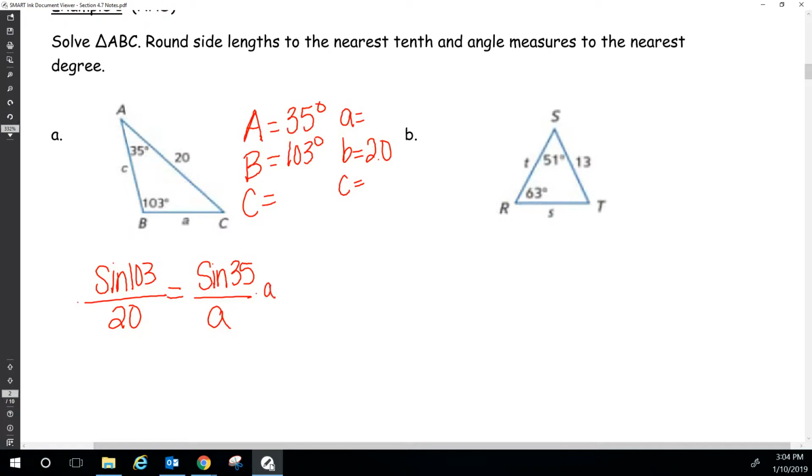So I'm going to do one with all the steps. Here I'm going to multiply both sides by a. That'll get rid of a over here, get it out of the denominator. I'm going to multiply this side by 20. That's going to get 20 out of the denominator. So on this side I'm left with a sine 103. The other side gives me 20 sine 35.